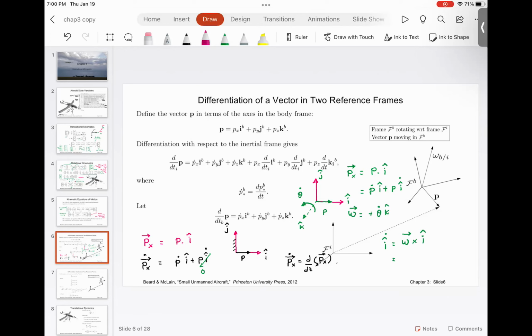Omega is theta dot K cross I. Now what has happened here is theta dot times theta dot K is omega crossed with I. I don't want to see K cross I. I want to calculate what this product K cross I is.